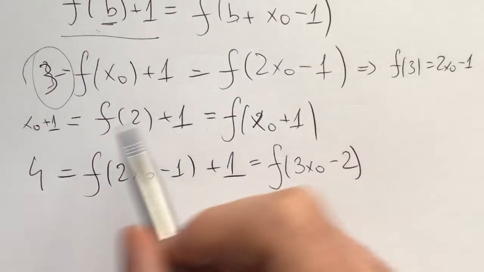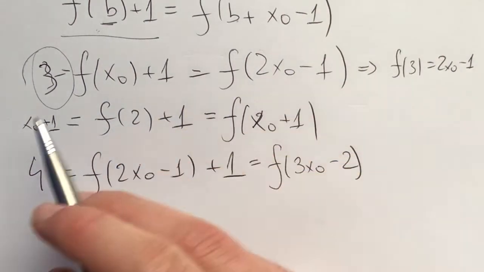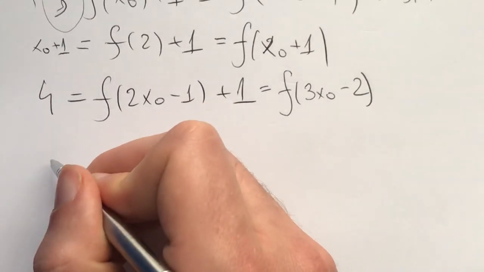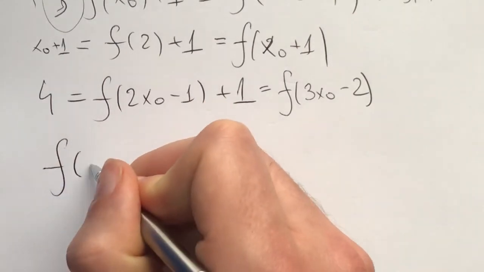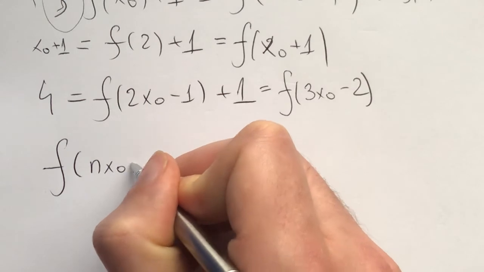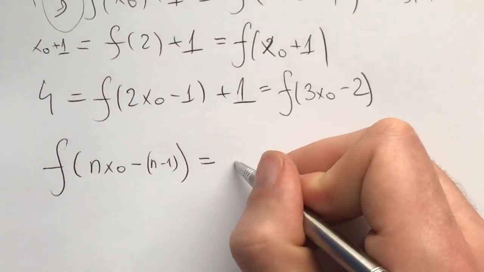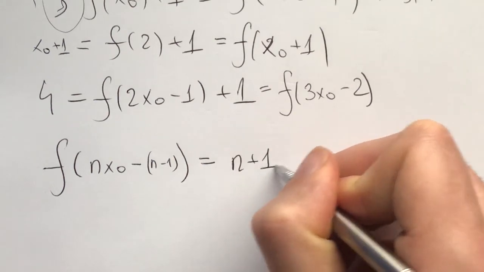Now, if you can see where I'm going with this, I would invite you to pause for 5 minutes. And namely, via induction, what we have is f of nx0 minus n minus 1 is going to be equal to n plus 1.